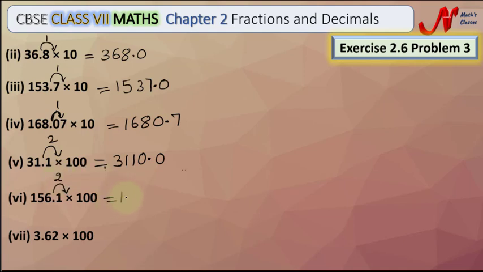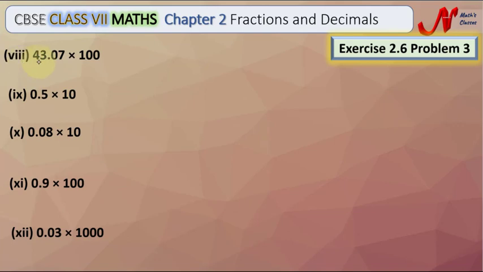So in the result, we write 15610 because we write a 0. We do not have two digits after the decimal point here. Here also we are multiplying with 100, so we shift the decimal point two digits to the right. So it will become 362.0.